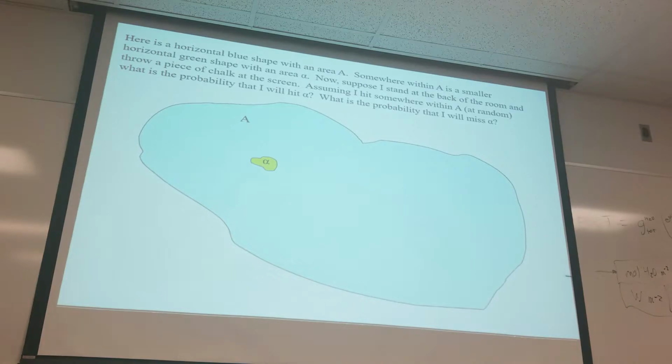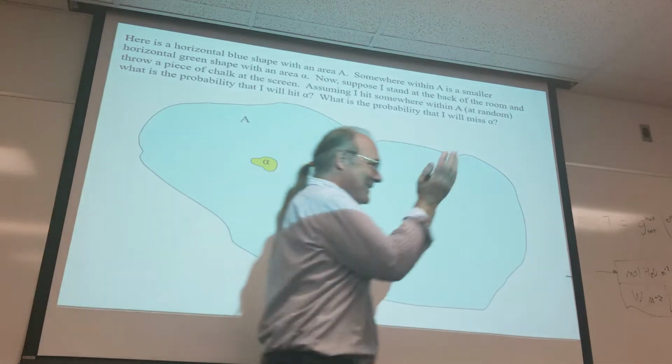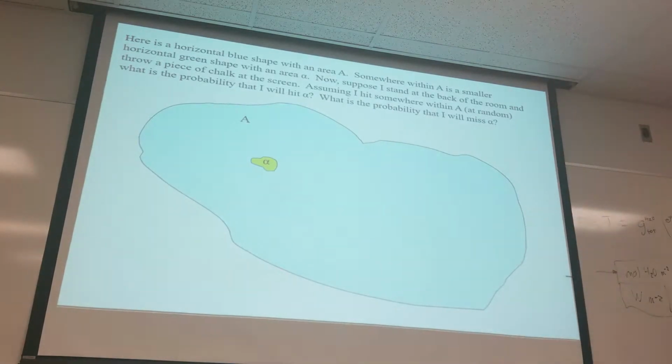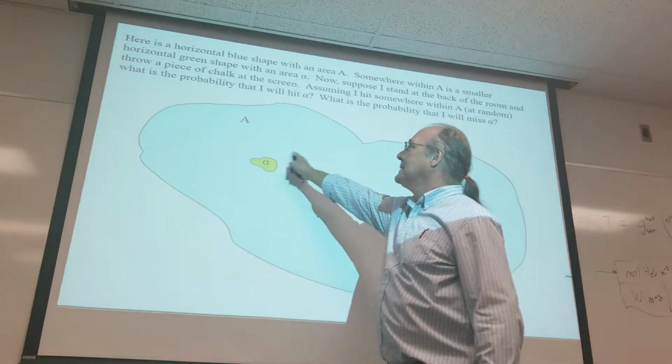It would be alpha divided by A. Alpha divided by A, exactly right, assuming it's at random. In my case, it doesn't matter, because even if I try, it's going to be random. Academics pays better than sports anyway. So the probability is alpha over A.